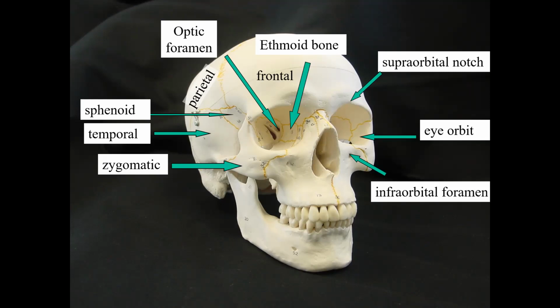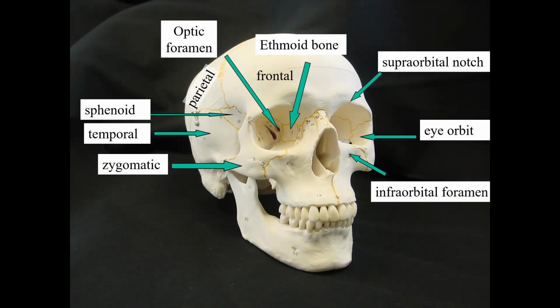Male orbits tend to be larger and bulkier and more squared off or rectangular in shape than female orbits. So we see a boxy shaped orbit or more of a rounded orbit with more elevated zygomatic bones.